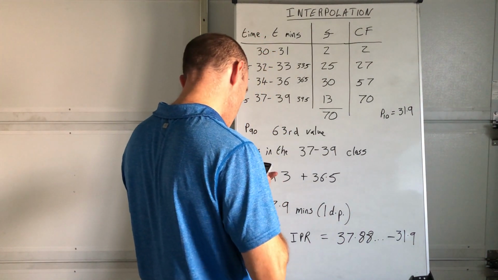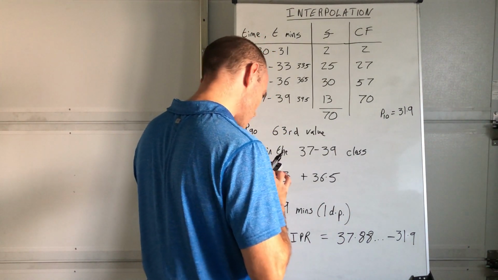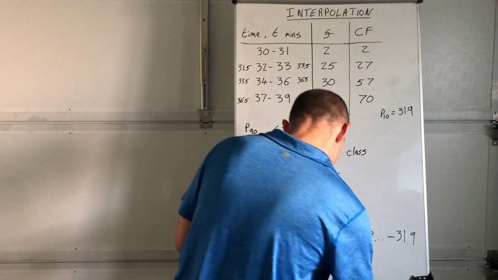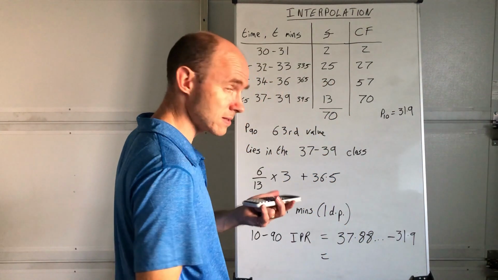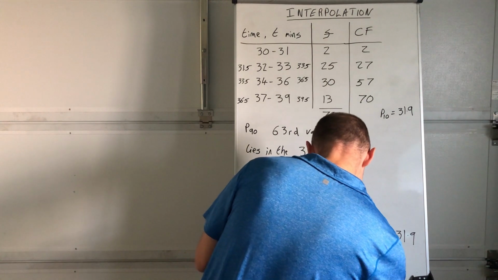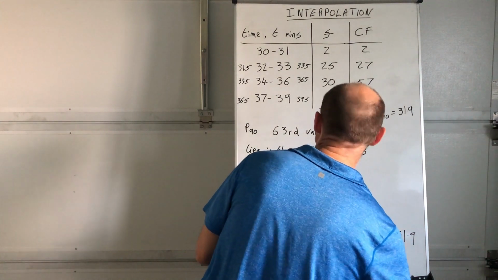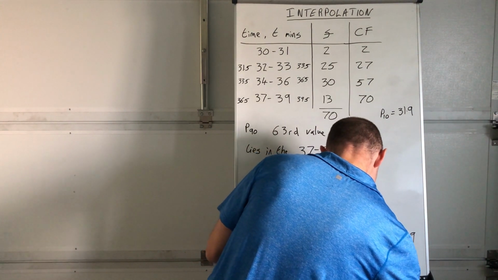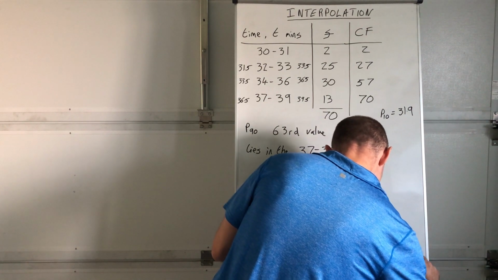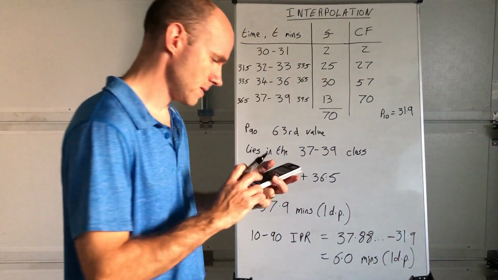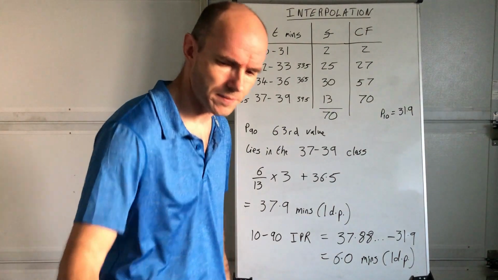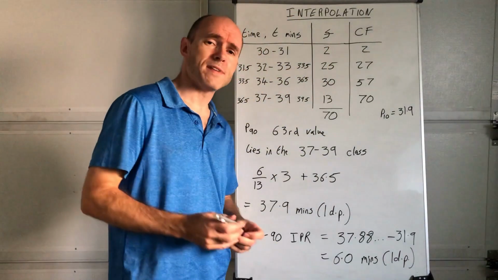So subtract 31.9. Depends on the level of accuracy you require. So I've got 5.98. I'm going to round that to 6.0, one decimal place. Check the units, minutes. And that's that. That's the percentile range.